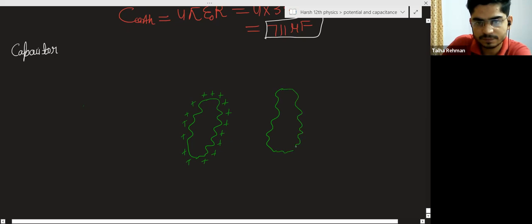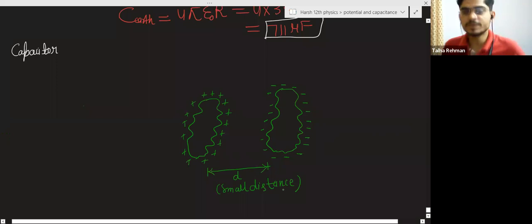You can take a conductor of any shape, another conductor, but this time the charge on the conductor should be negative, and this system is separated by some small distance, and there is some medium in between these conductors.